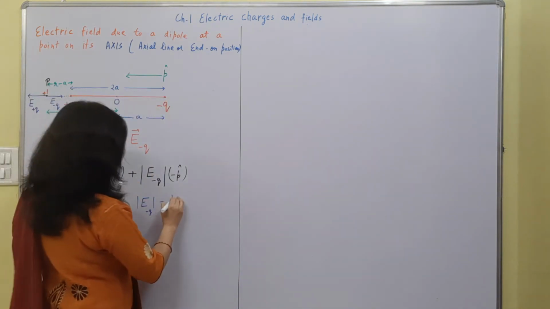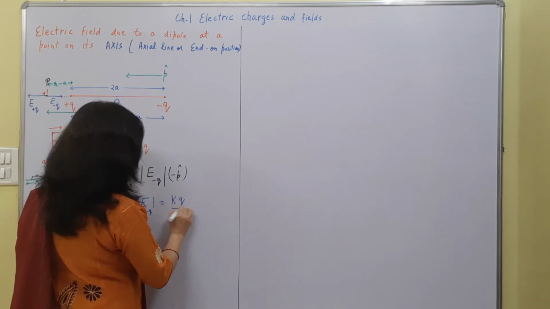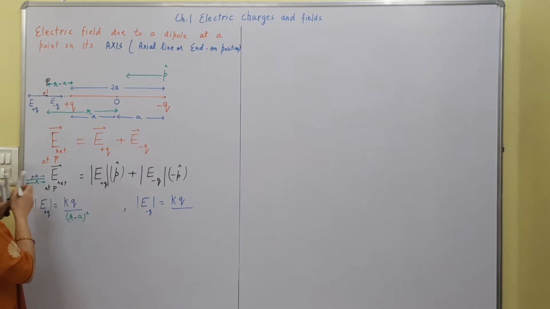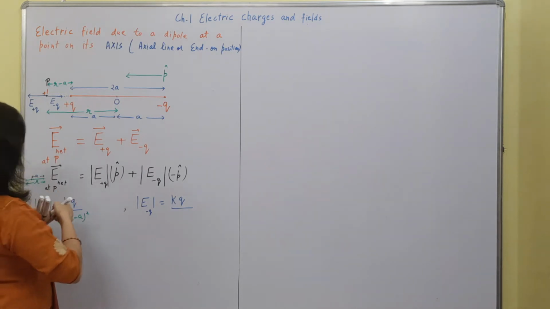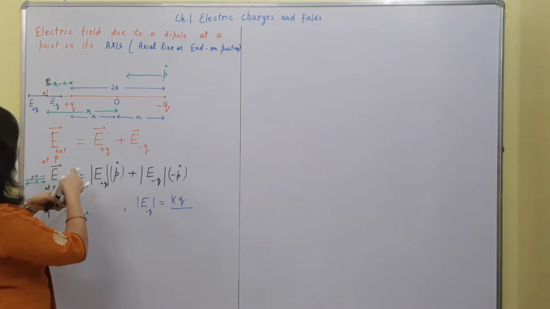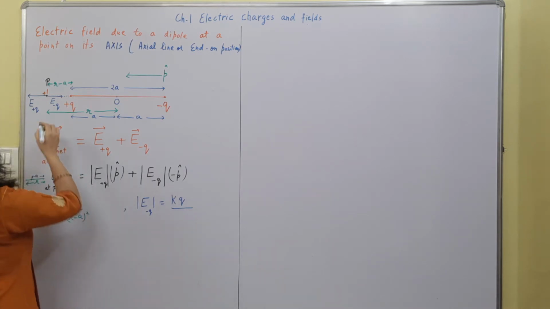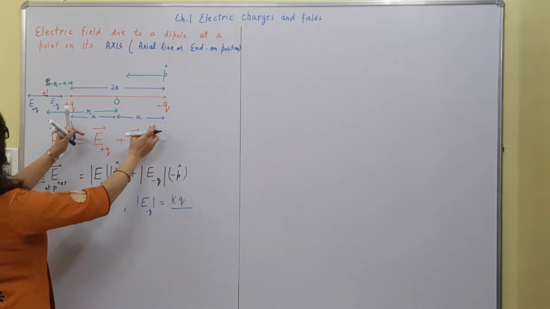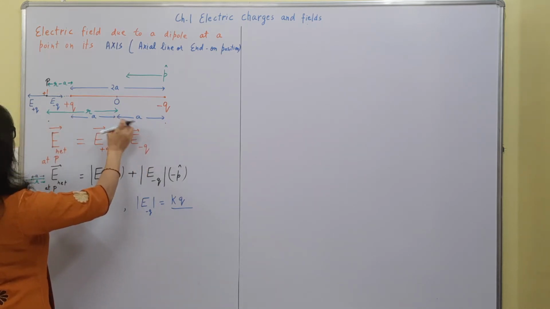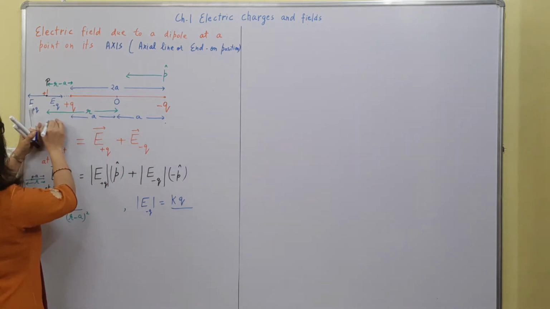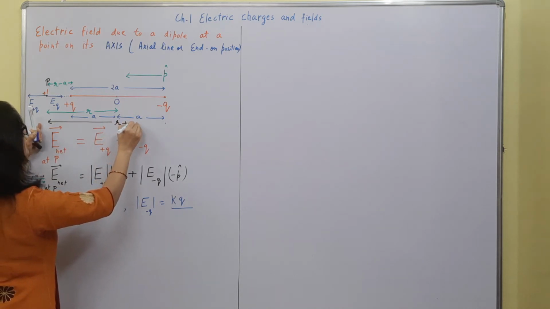So this will be K Q upon the separation between this charge and the point P. So the separation between this charge and point P will be this and this. So this complete is, this is A and this is R. So this is R plus A.